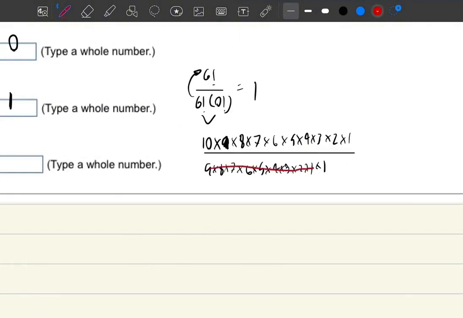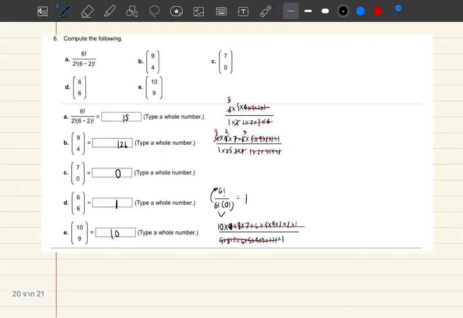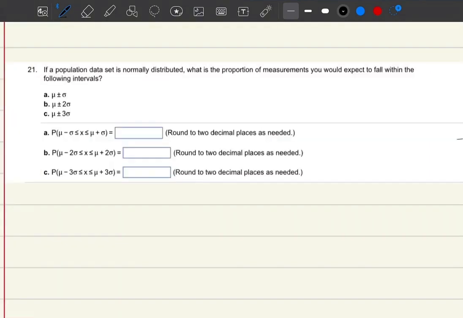Eliminates all the number over here, and then we have 10 divided by 1, so it's 10. Move on to the next one.